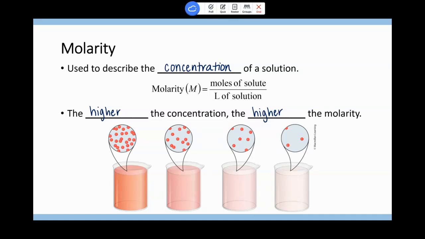And so we can see that through color in this picture, but through the particle representation, we can see that at any point in this solution, we have this number of solute particles. And then if we look to a little bit more dilute, we have a fewer number of solute particles per volume of solution, and then fewer and fewer number of these solute particles per volume.